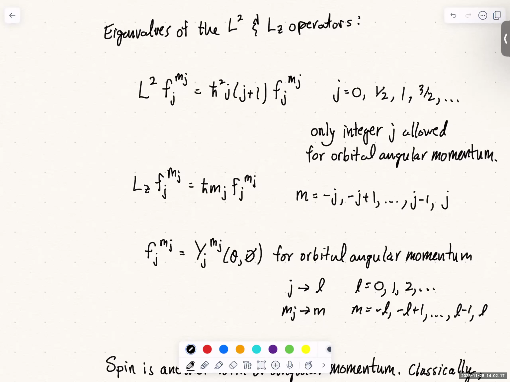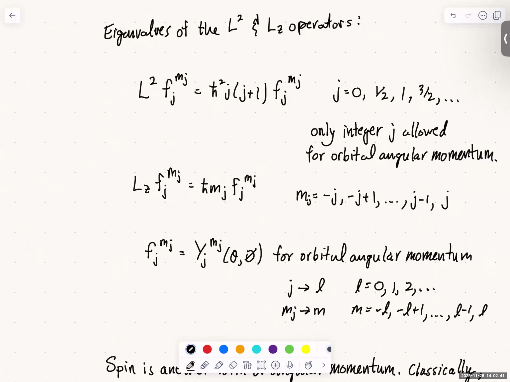The half integer solutions were not part of the orbital angular momentum. For the z component, we got m_j times h bar, where m_j runs from minus j, minus j plus 1, minus j plus 2, all the way up to j.